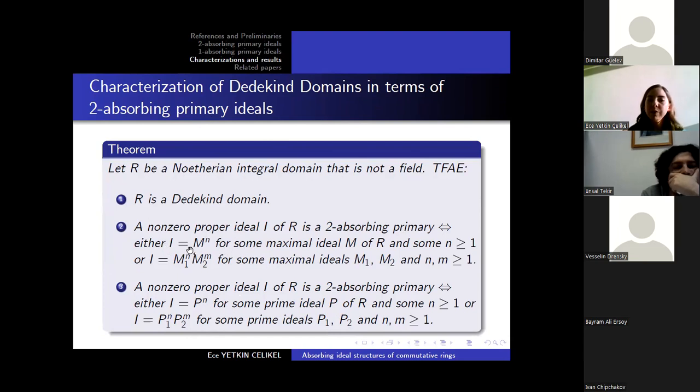I can be in this form, m to the power n, where m is a maximal ideal, or I can be written as m1 to the power n, m2 to the power n. Since Krull dimension is 1 here, you can write it directly in this form, p to the power n, or p1 to the power n, p2 to the power n.